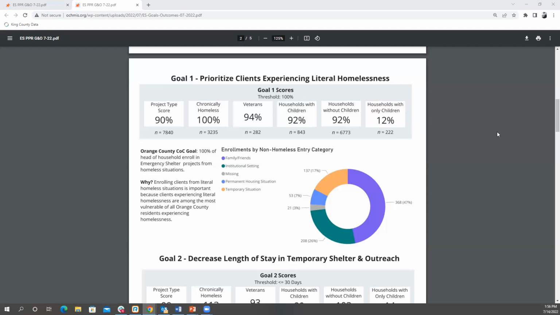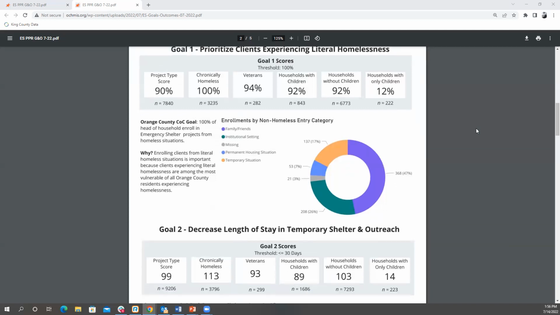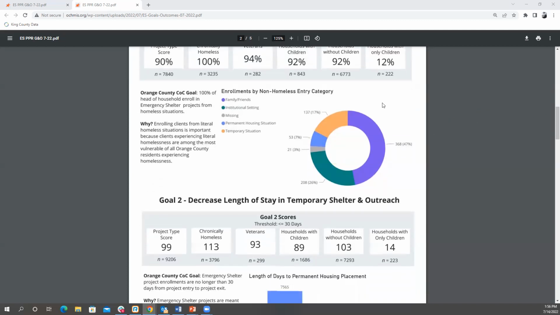But that's why that number is lower, because that funding allows them to take clients from not homeless situations. And as I mentioned, almost half of the non-homeless entries are coming from family or friends, followed by institutional settings.